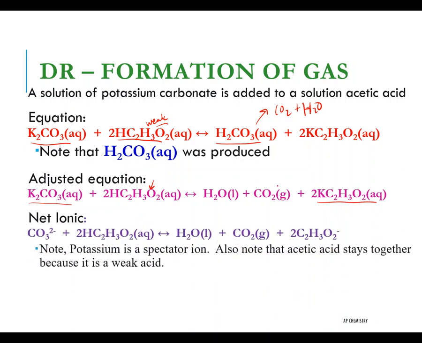So you break apart those two, you cancel out the spectator potassiums, and you end up with your net ionic equation. Okay, so this would be aq, and this would be aq. So that one has multiple steps to it because you have to remember to break down the carbonic acid into carbon dioxide and water, and then you have to do the spectator work and make sure that you cancel those out at the end.